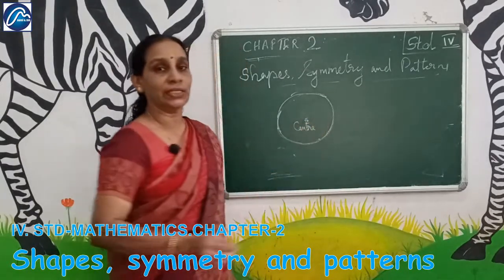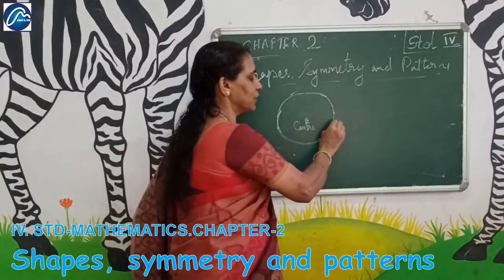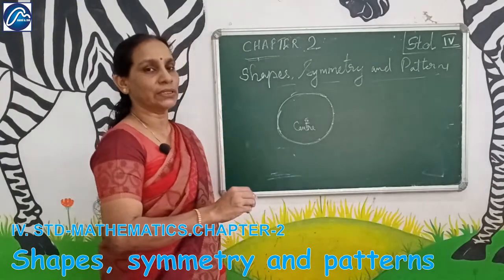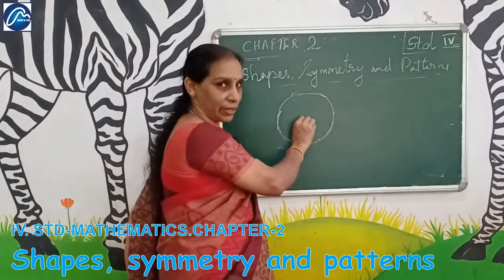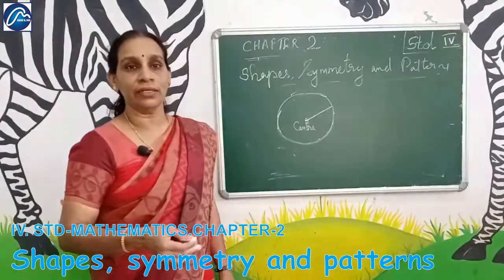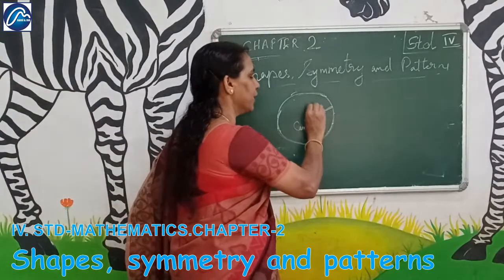All these points are on the circle. If we draw a line from the center to the circle, it is known as the radius.